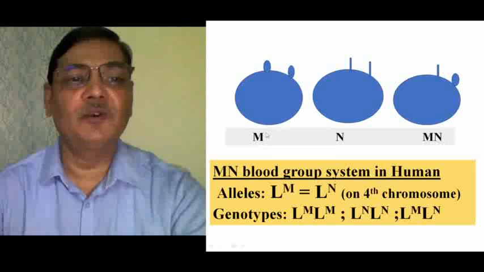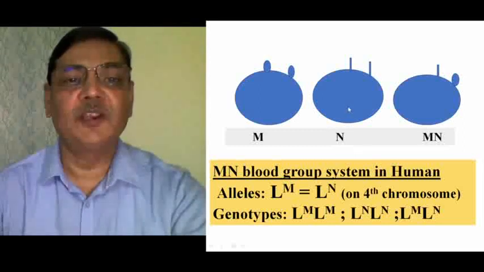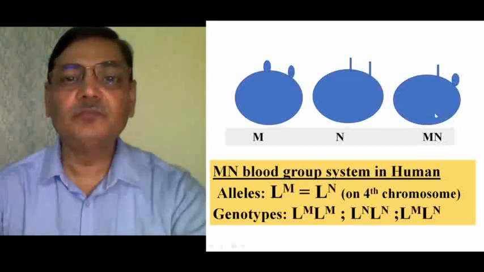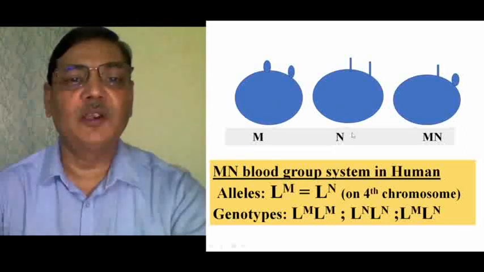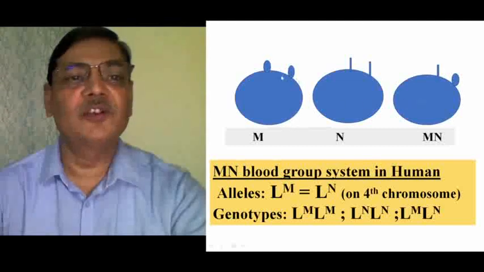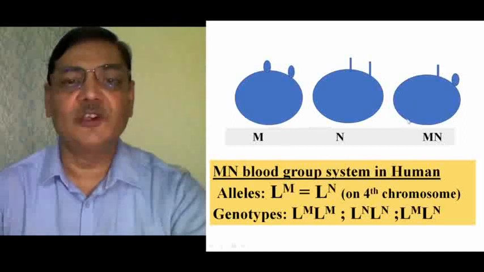Those who have M blood group have genotype MM. Persons with N phenotype have genotype NN, and MN blood group types are heterozygotes. So when a person with blood group M gets married to another having blood group N, then all their children will have blood group MN. So it is a case of codominance in which both antigens are expressed on the surface of RBC.